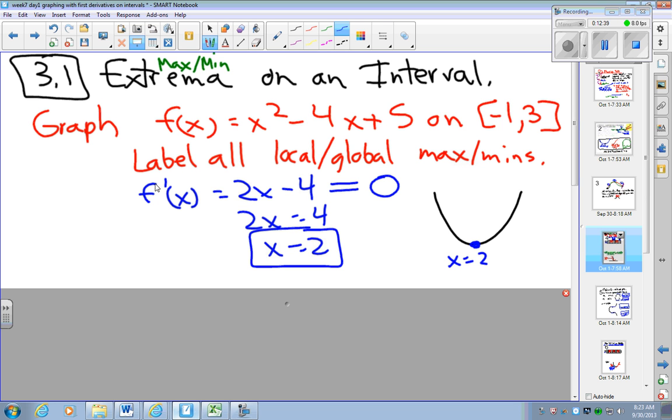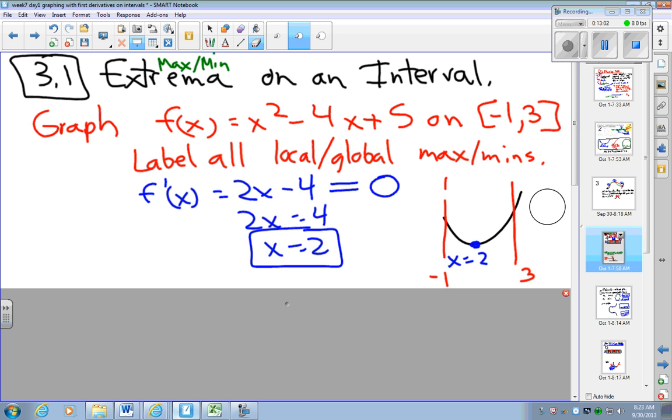That's nice. Here's the part that's different for today, unlike when we've done the parabolas before. I put it on an interval from -1 to 3. So let's say right here is 3, and let's say right here is -1. What that means then is I need to cut off the rest of the parabola.